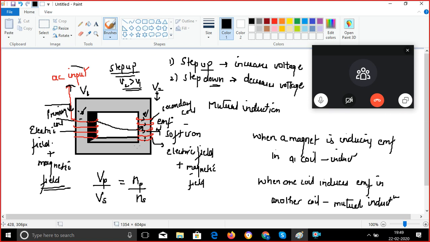So the number of coil turns in the secondary should be lesser than the number of turns in the primary coil. So by changing the number of turns in a coil, a transformer can behave as step up or step down. Now you just write down whatever you understand of this.